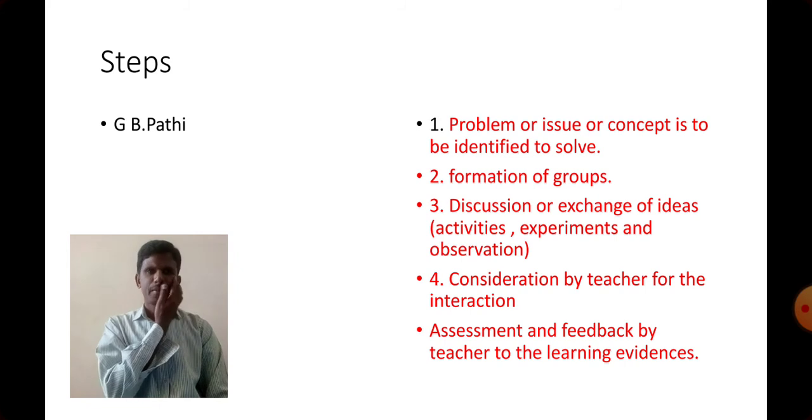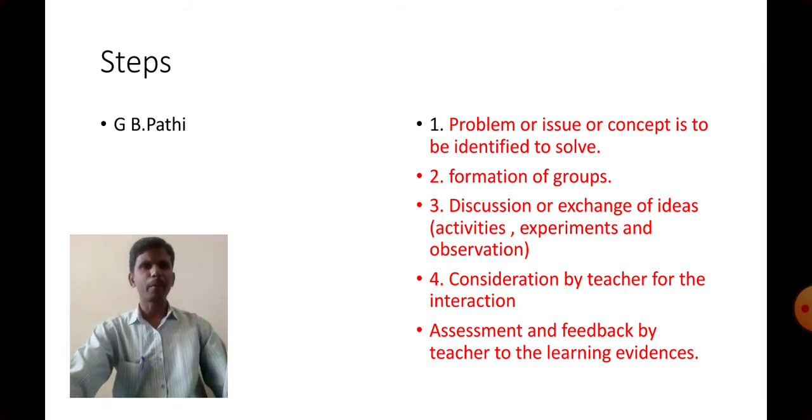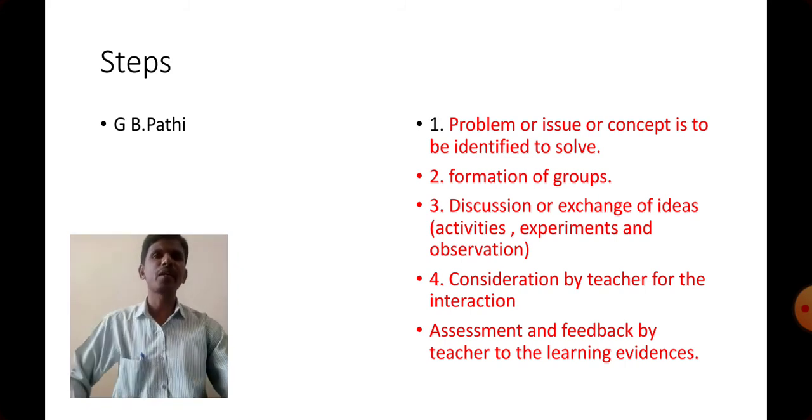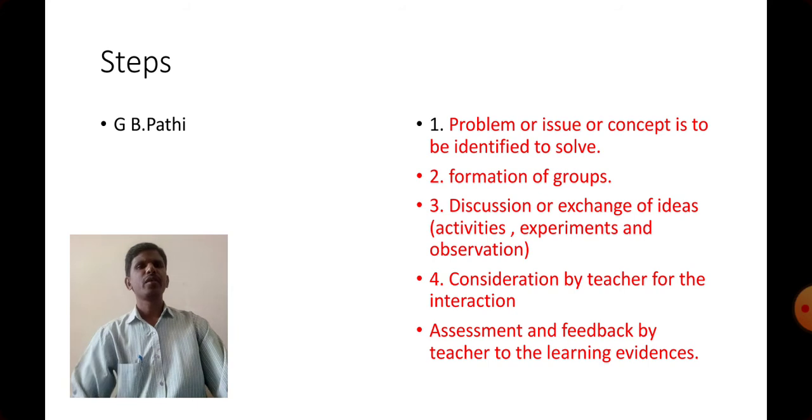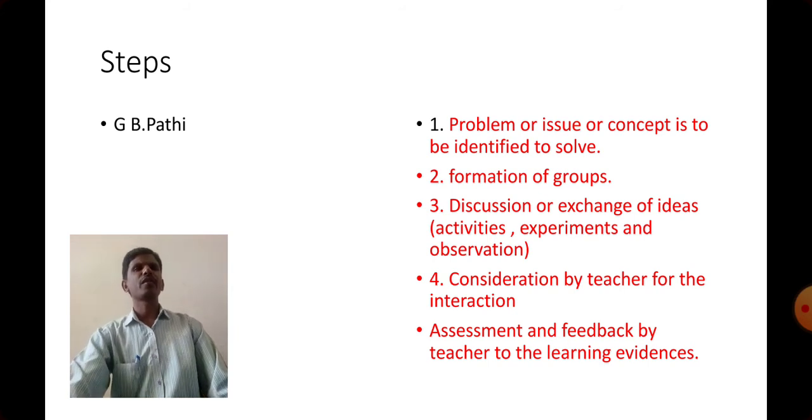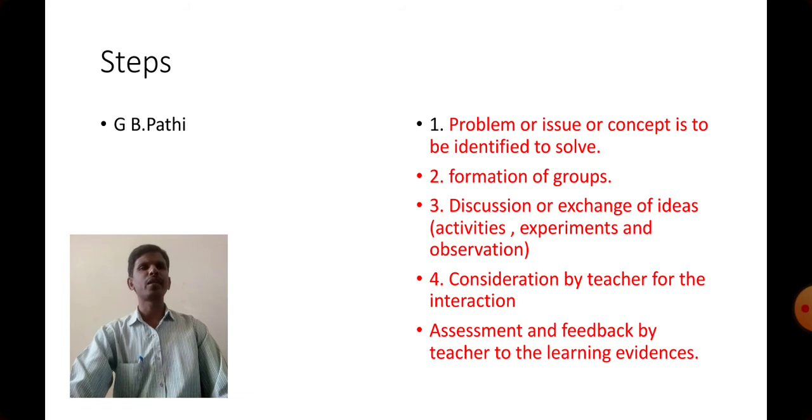Then what are the steps to be followed in the collaborative learning approach? We will discuss. The first step is that the problem, issue or concept to be solved is identified.